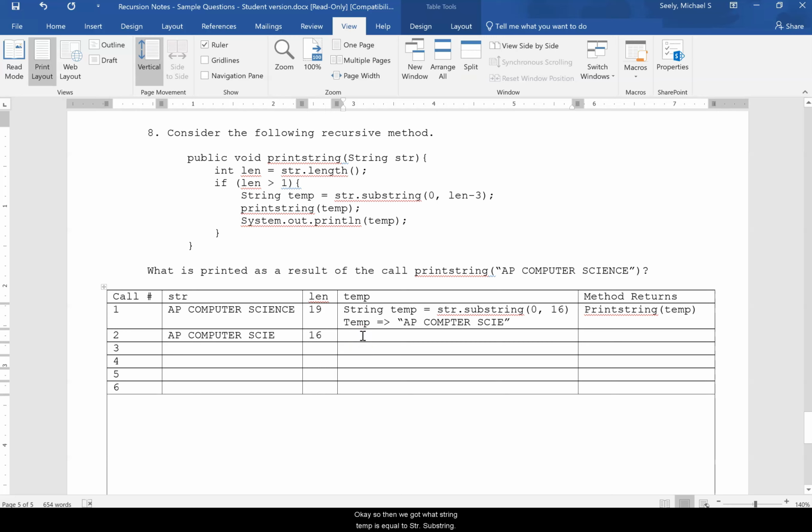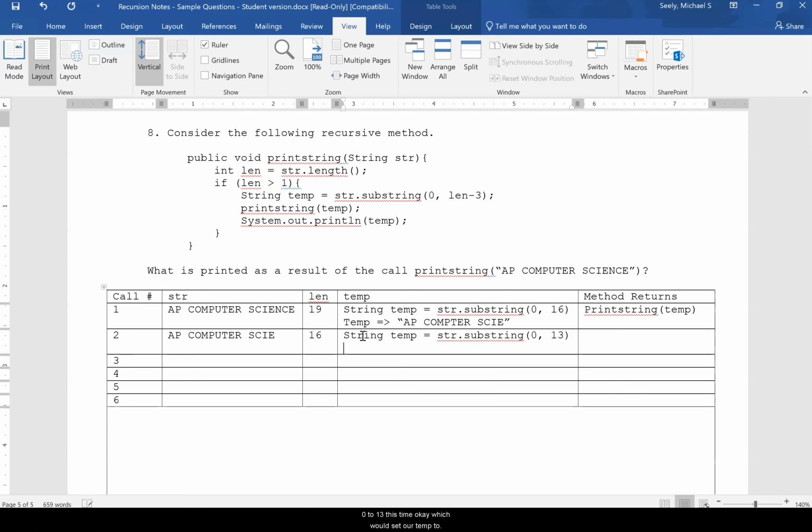Okay, so then we got what? String temp is equal to str dot substring 0 to 13 this time. Okay, which would set our temp to AP Computer S. Okay, 0 through 13.